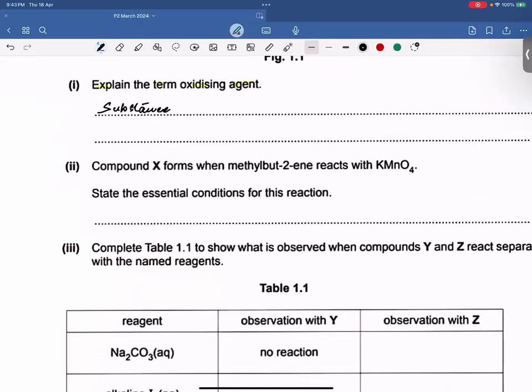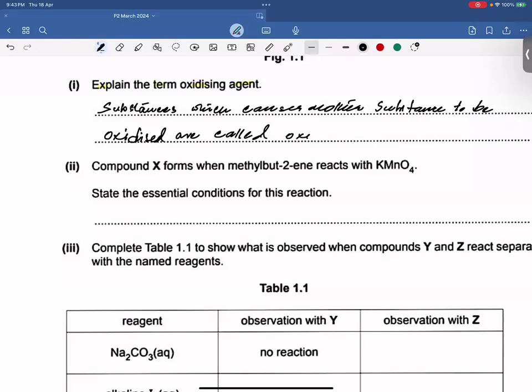Substances which cause another substance to be oxidized are called oxidizing agents. And they reduce themselves.